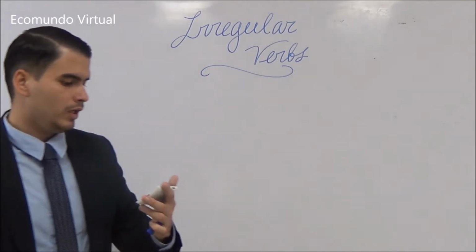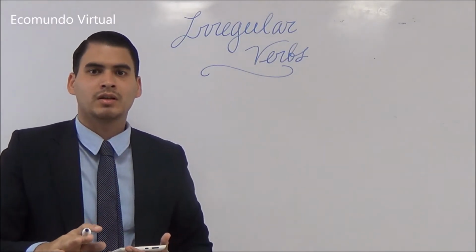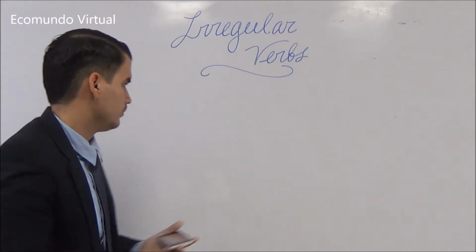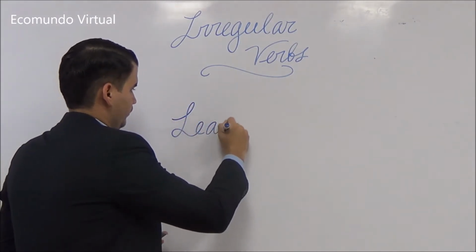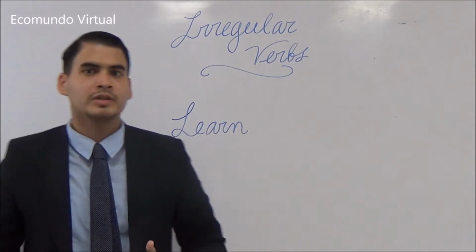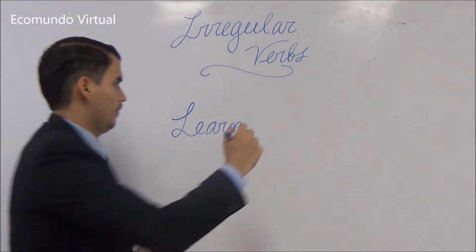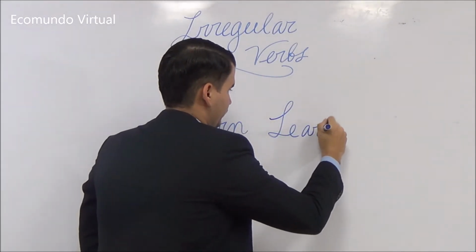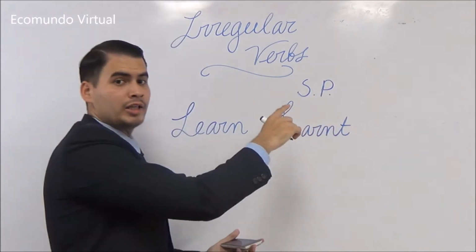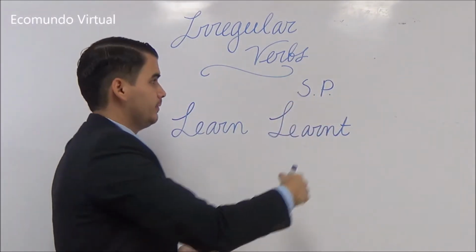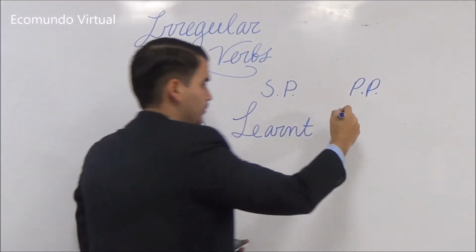Now, the irregular verbs, they have irregular tenses. For example, this is a common verb, learn. SP stands for simple past, and this one for past participle.